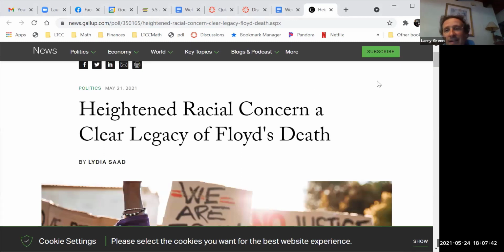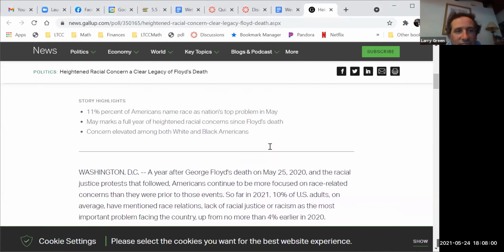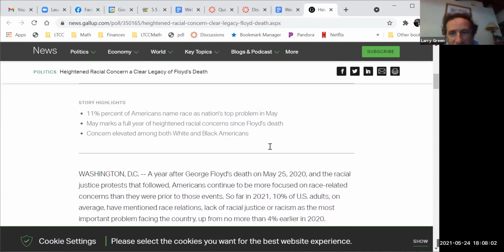And I like Gallup because they give you the sample size and they give you all the information you need. I'm not saying that you always have to use Gallup, but it's good for this class. It's titled heightened racial concern, a clear legacy of Floyd's death. My guess is I don't need to explain all the history, because I think that everyone knows by now what's been going on in the last year or so. And it's 11% of Americans name race as the nation's top problem in May.